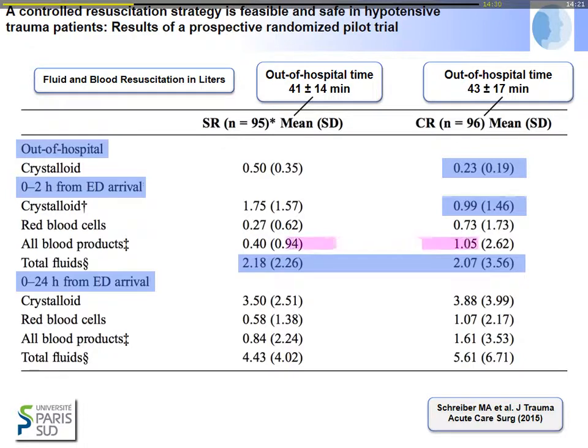It was the same because when you look at the blood products, they compensate by giving more blood products. So clearly, now we give less crystalloid, and by being very aggressive in transfusion, we give more and more blood to our patients.